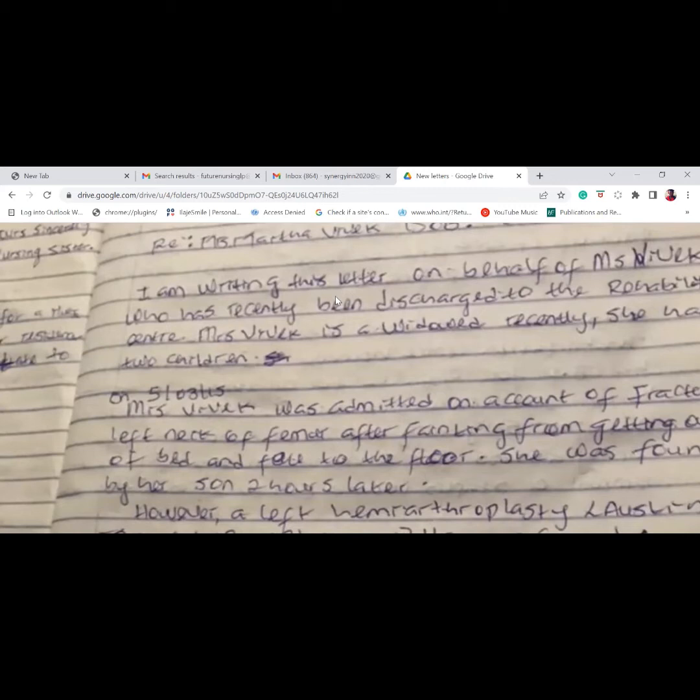Miss Vivek is a 75-year-old widow who has recently been discharged from our hospital to the rehabilitation center, or to your rehabilitation center, for continuous management and care. So that's the patient, the purpose of the letter, and of course the presenting situation.